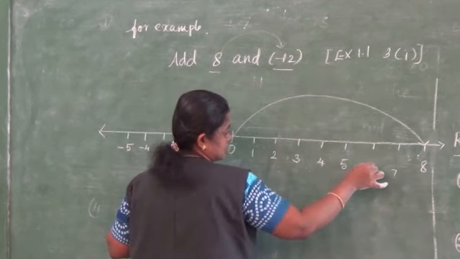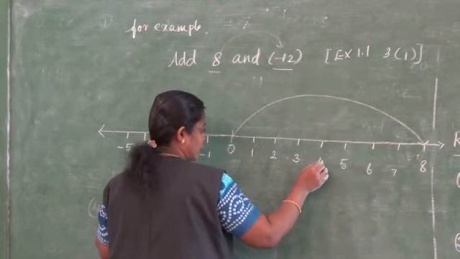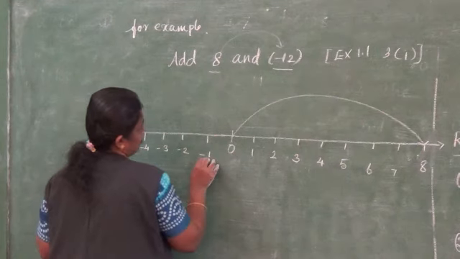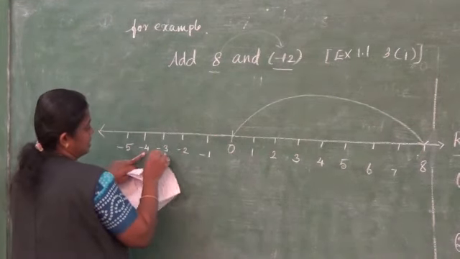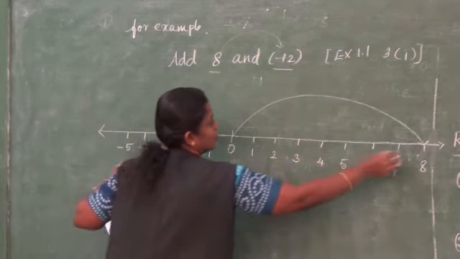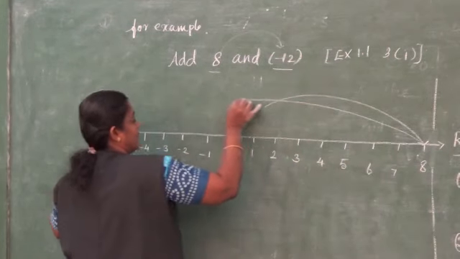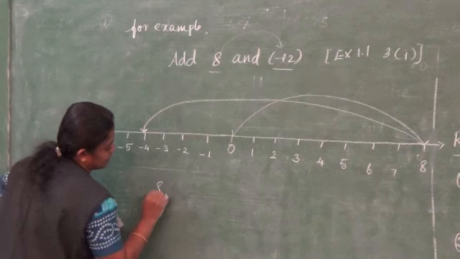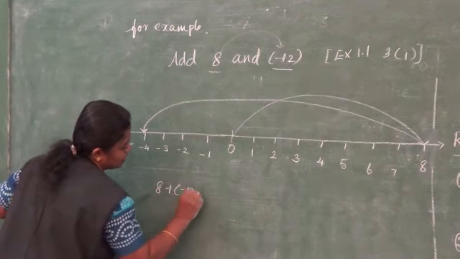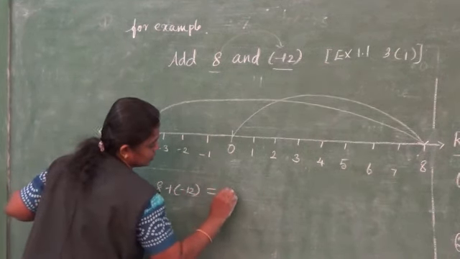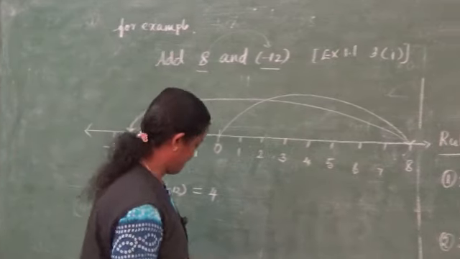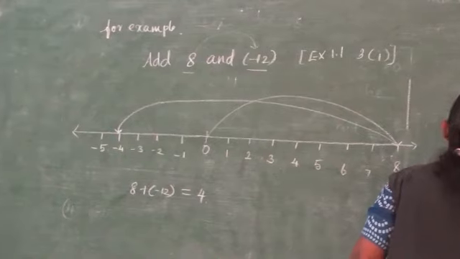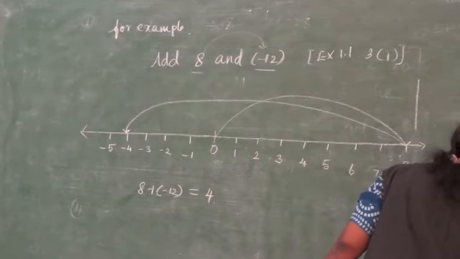So, 7, 6, 5, 4, 3, 2, 1, 0, minus 1, minus 2, minus 3, minus 4. So, 8 plus minus 12 equal to minus 4. This is the way you have to draw the number line.